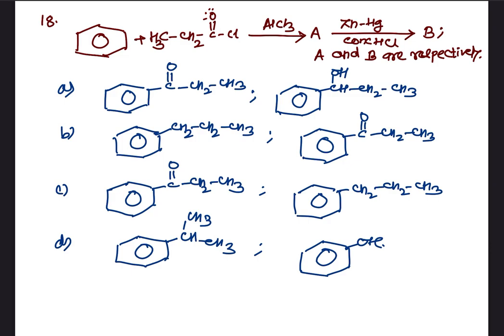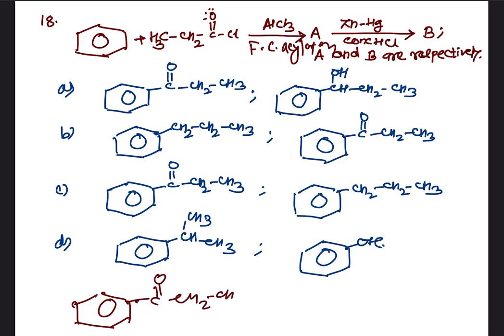Next, in 18, reaction of benzene with propanoyl chloride. This is Friedel-Crafts acylation. So definitely A is ethyl phenyl ketone. Now its Clemmensen reduction, zinc amalgam and concentrated HCl.